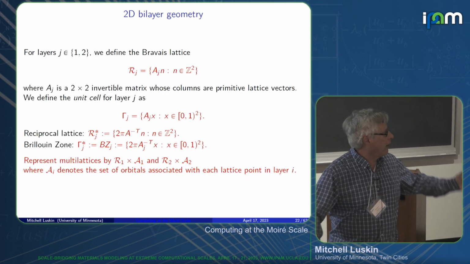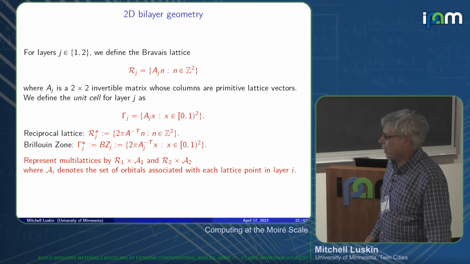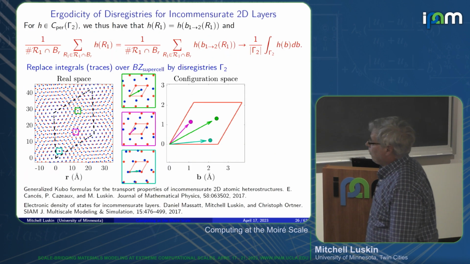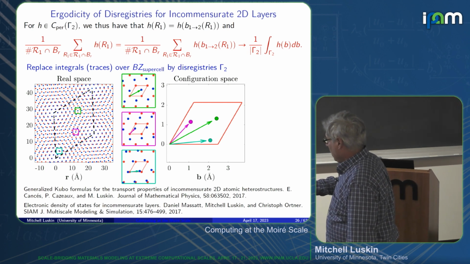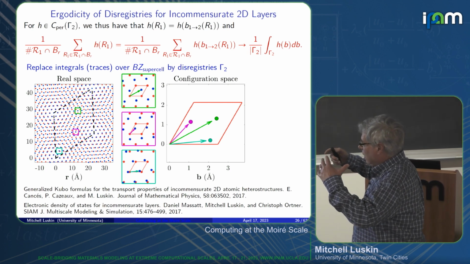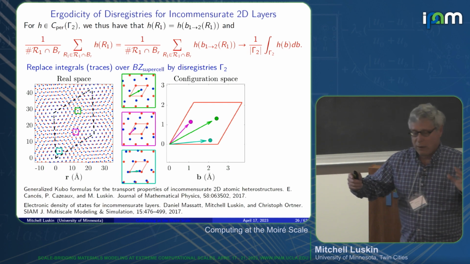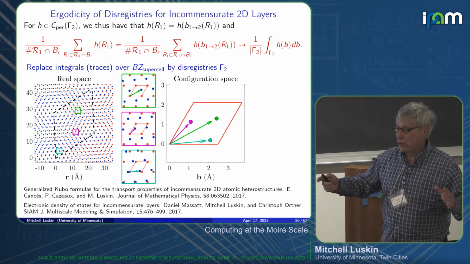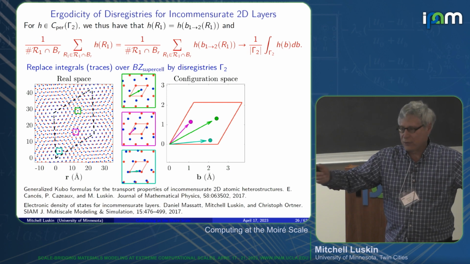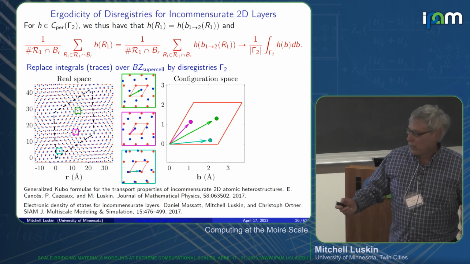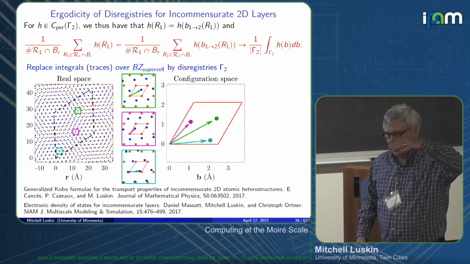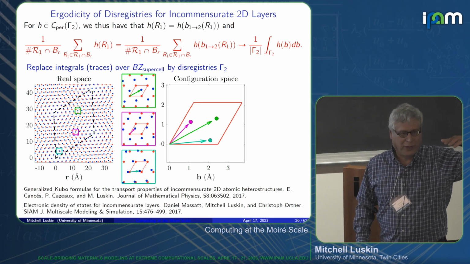So, okay, now let me just scan through and not do all the theory. The main thing is that most everything you want to compute is a matter of a trace with respect to some orthonormal basis. And we said, okay, when you put one layer on another at some twist angle, there's no periodicity anymore.